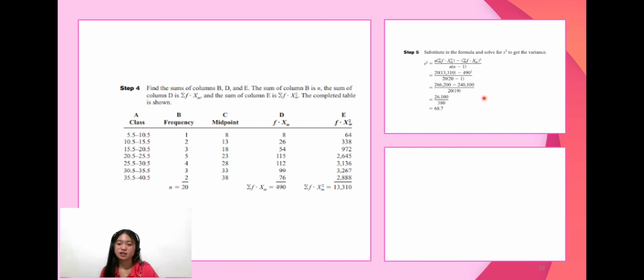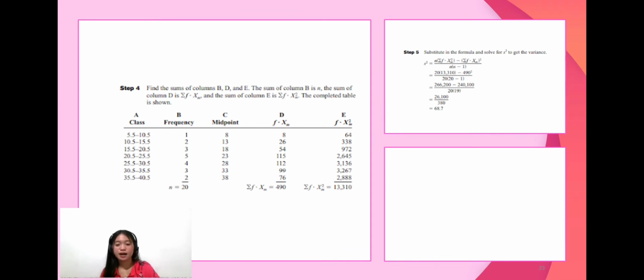So let's solve it. 266,200 minus 240,100 is equal to 26,100. Then 20 times 19 comes up to 380. To get the variance, we divide, and it equals 68.7.